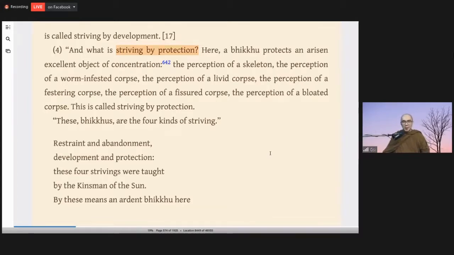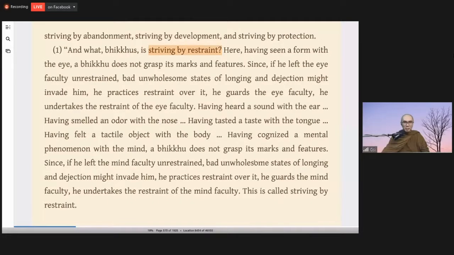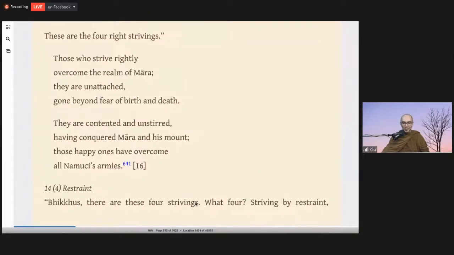Now, why did the Buddha mention all the corpses? Here, we do not know who the Buddha is speaking to, because in the beginning of the sutta, especially in the Anguttara Nikaya, there is no mention of who is speaking. The bhikkhus, there are four factors, but which bhikkhus is he talking to?